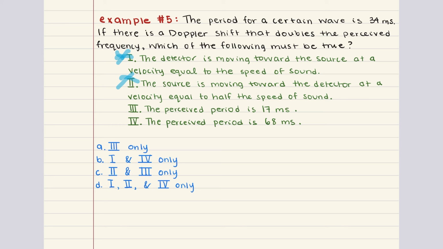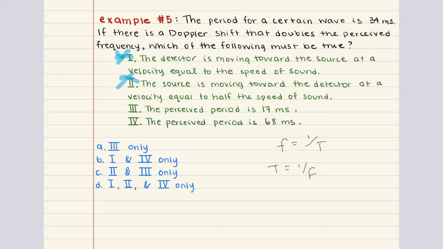Statement 3 says the perceived period is 17 milliseconds. Okay, so we're given that the wave has an original period of 34 milliseconds, and then we're told the Doppler effect causes the perceived frequency to double. Since the period and the frequency are inversely related, frequency is equal to 1 over T, or you can write this as T is equal to 1 over f.